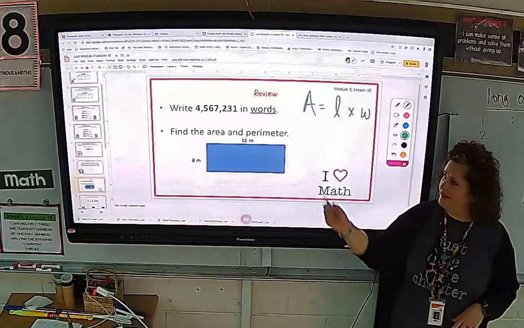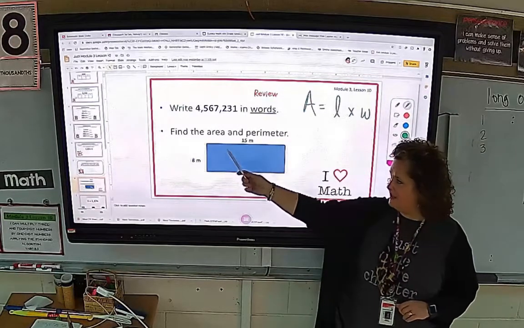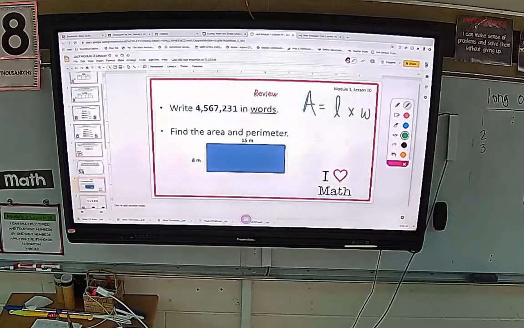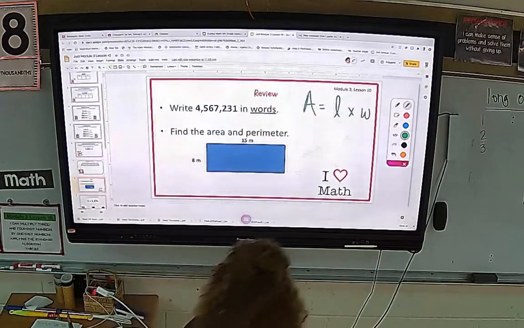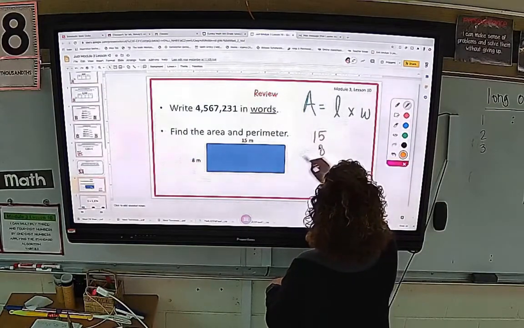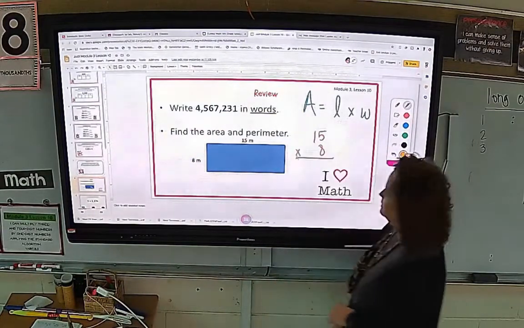So to find that area, I'm going to multiply my length times my width. All right, let's just find the area first. Do we erase? You can, or you can switch it in there at the bottom. Let's write that problem like this. Let's get used to doing this.